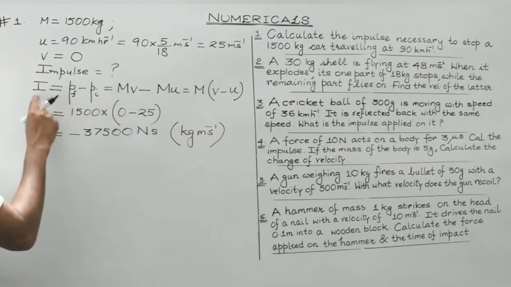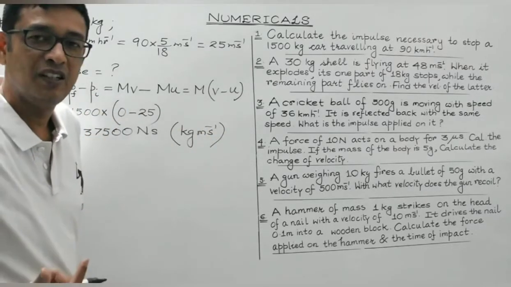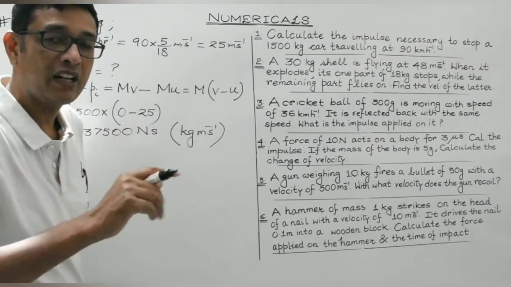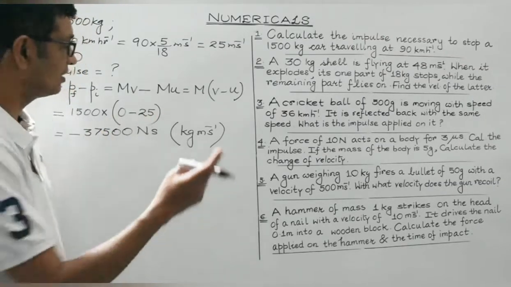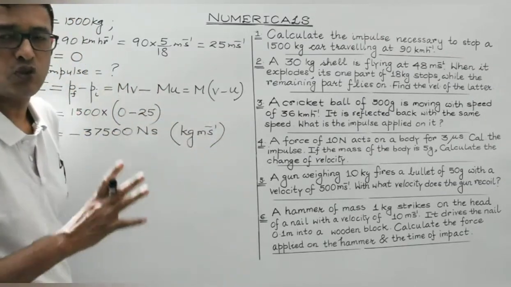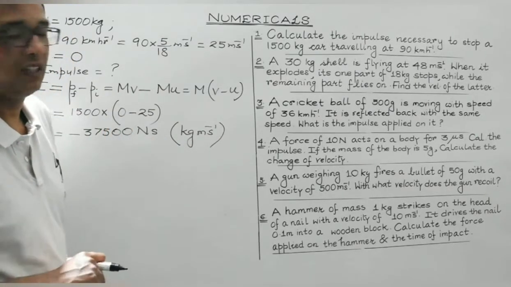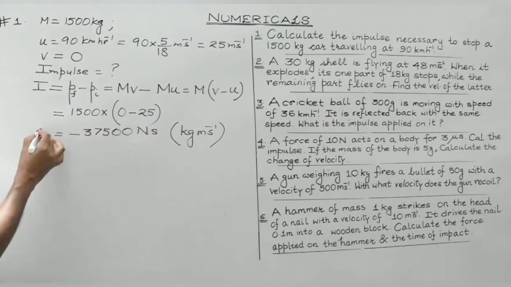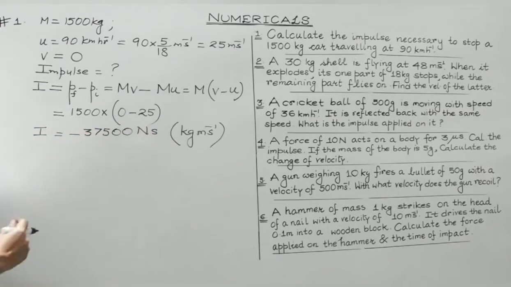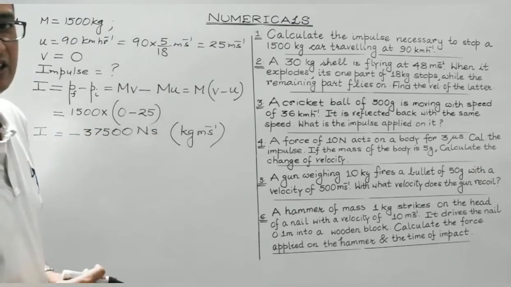Impulse is the change in momentum, so it will have the same unit as momentum, that is kg meter per second. Either you can write Newton second or kg meter per second. So this is the answer, students. This is the impulse: minus 37500 Newton second.